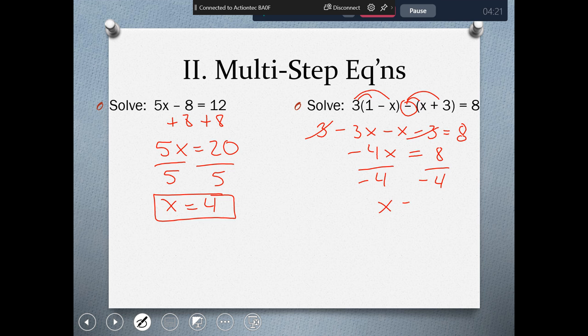So x will equal negative 2. So right there we have 9 problems, okay, that are either one step or multi-step. So that is almost half, less than half the test. Okay? That is just solving problems.